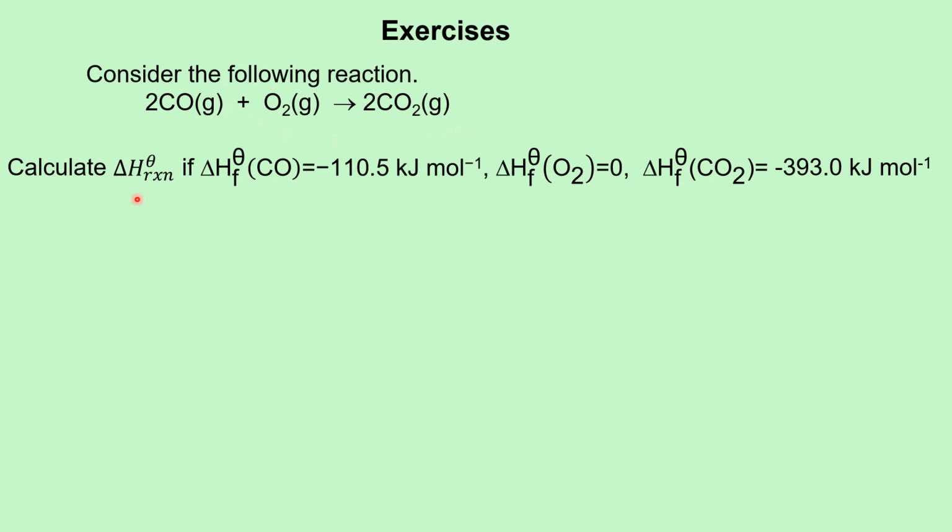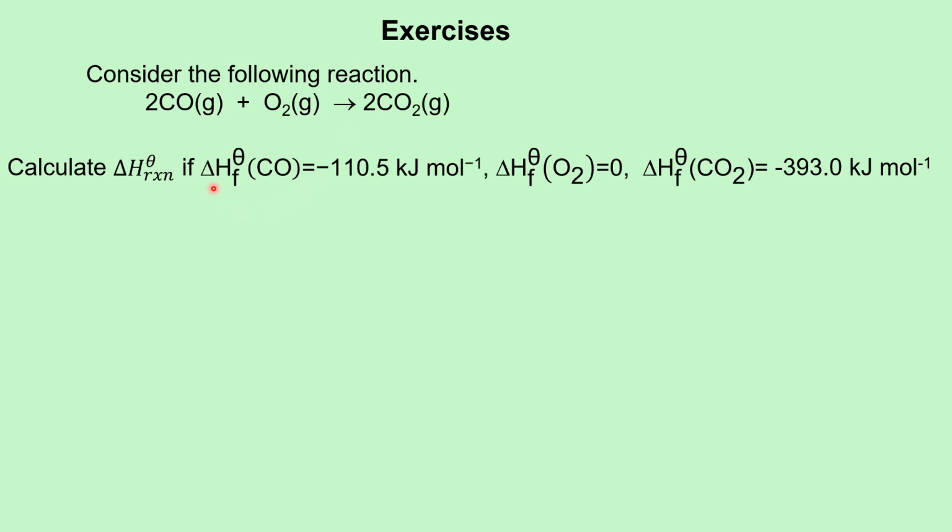So to calculate delta H reaction, delta H here shows the enthalpy. The theta here shows the standard condition, meaning normal atmosphere and normal temperature. RSN refers to the reaction. So reaction means for the whole reaction here, what is the enthalpy?